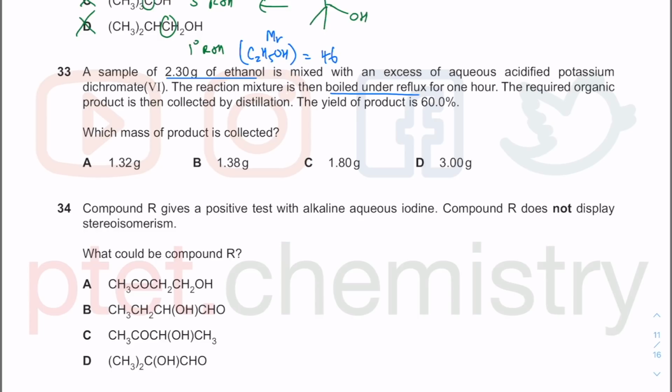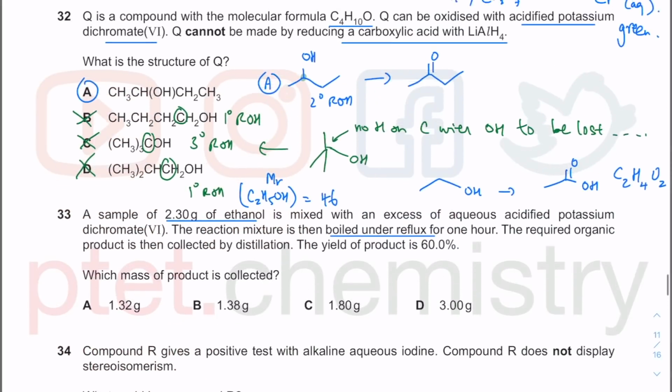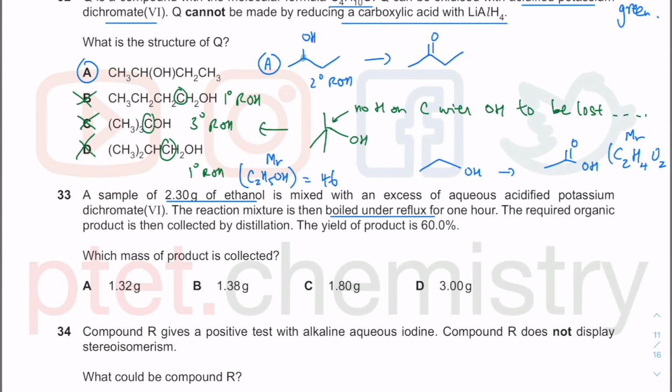Now you boil it under reflux. So this is ethanol, and we expect the ethanol to go all the way to carboxylic acid, which is going to be C2H4O2. So the Mr of that carboxylic acid is going to be 12.0 times 2 plus 4 times 1.0 plus 16.0 times 2.